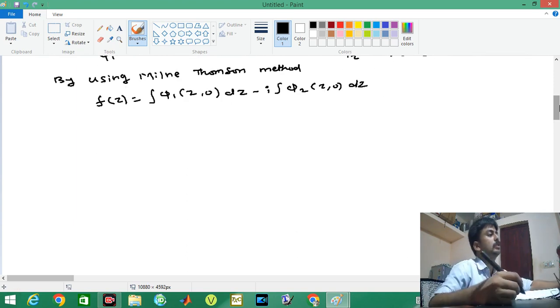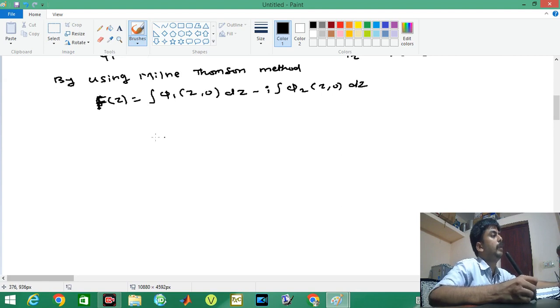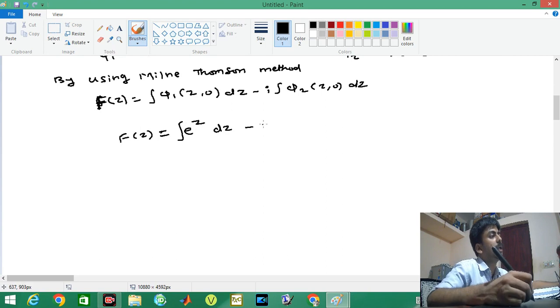So here what is phi 1 of z comma 0? It is actually capital F of z. So capital F of z equal to integral of phi 1, which is e power z dz, minus i into integral of phi 2, which is minus e power z dz.